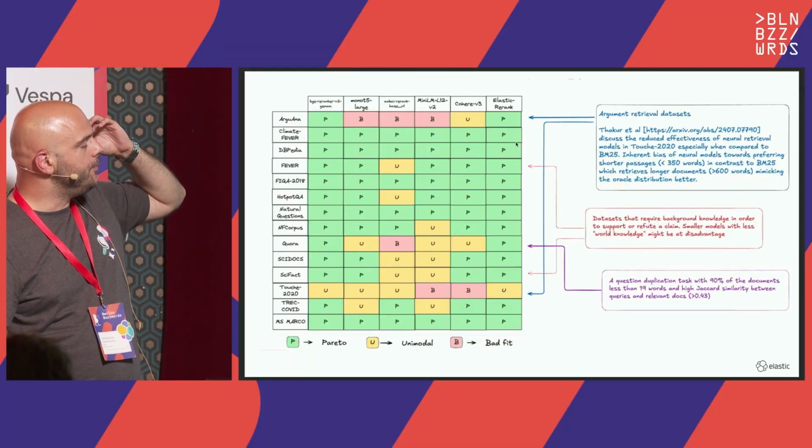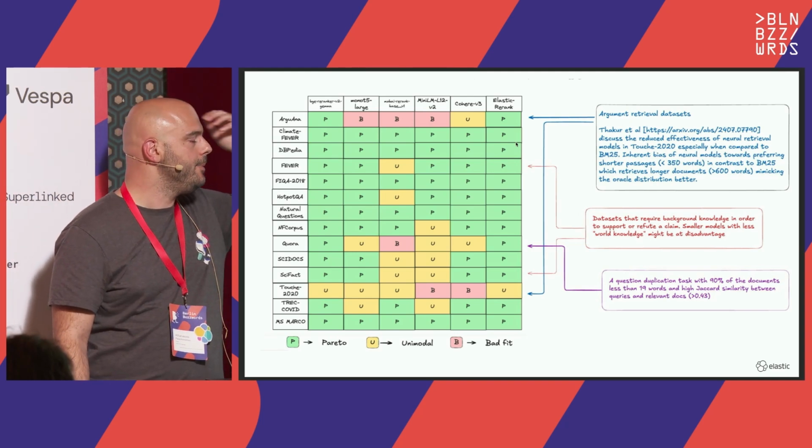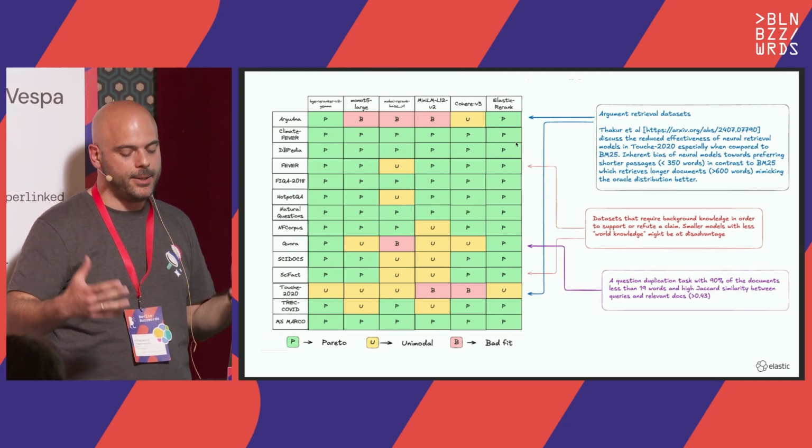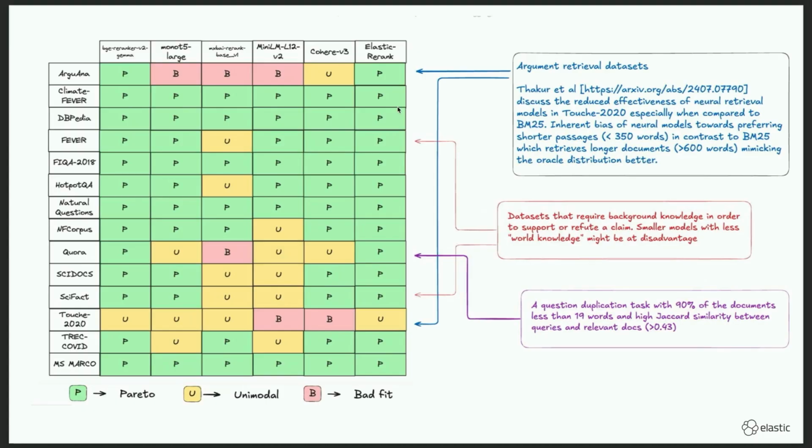For the first one, as I mentioned, there's a paper from Thakur et al. Let me go back a little bit. It's this one, where the authors, apart from explaining the behavior, also added some relevance judgments into this data set.